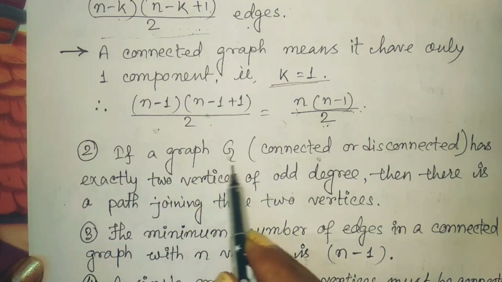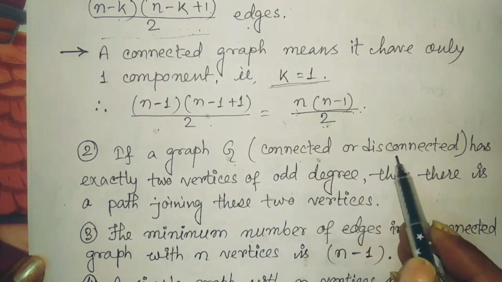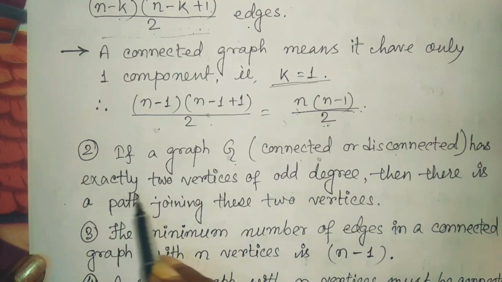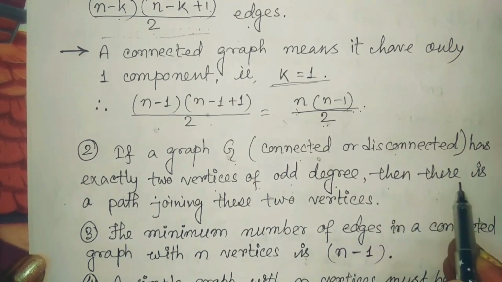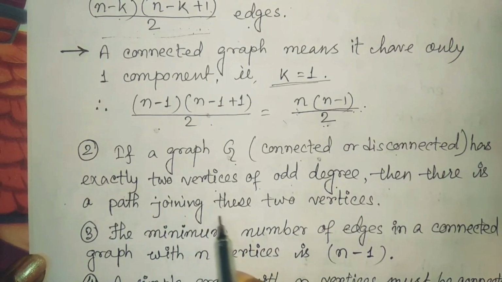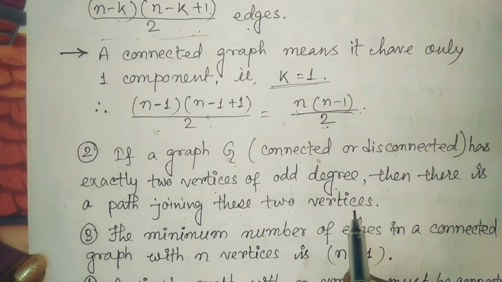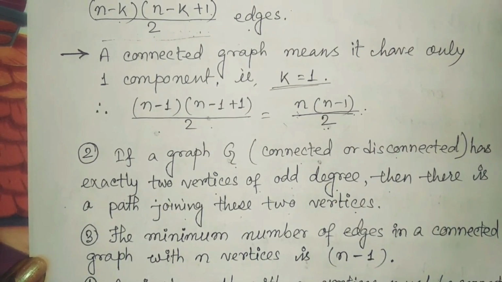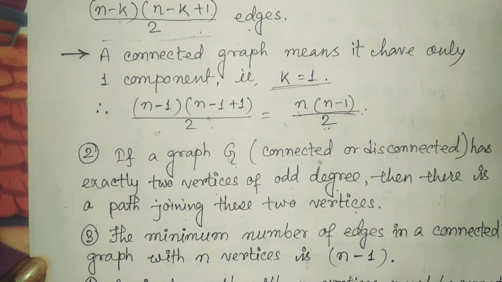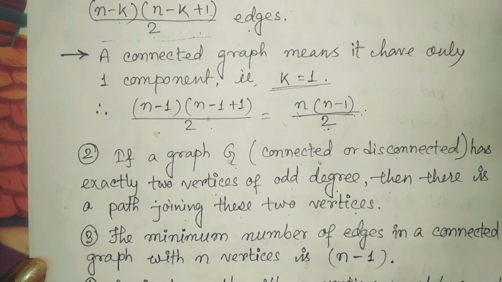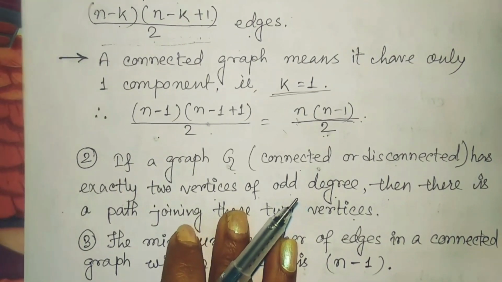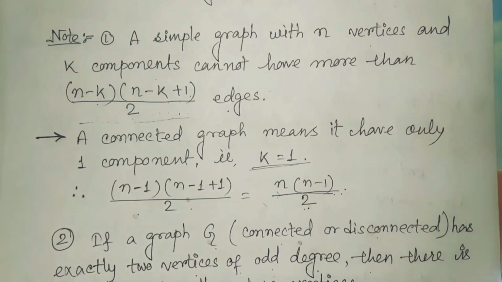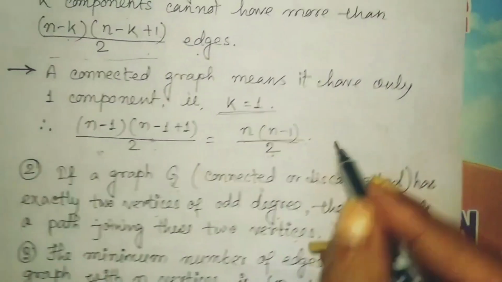If a graph G, may be connected or may be disconnected, has exactly two vertices of odd degree, then there is a path joining these two vertices. Whether a graph is connected or disconnected, if it has exactly two vertices of odd degree, then definitely there is a connection between these two vertices.